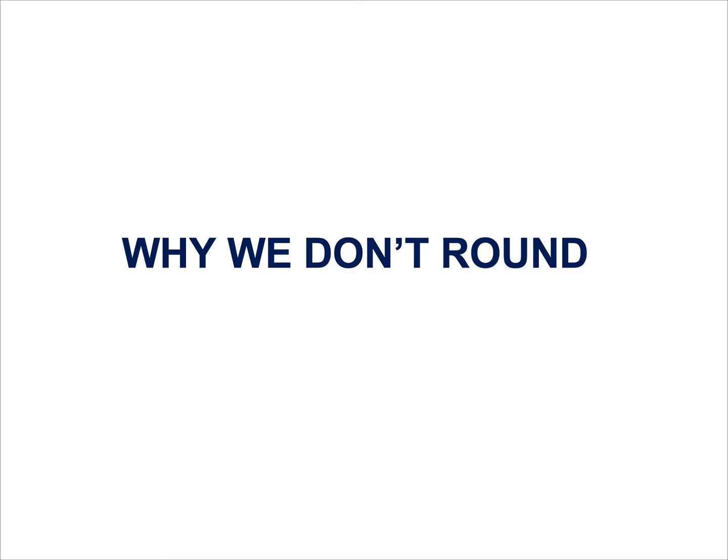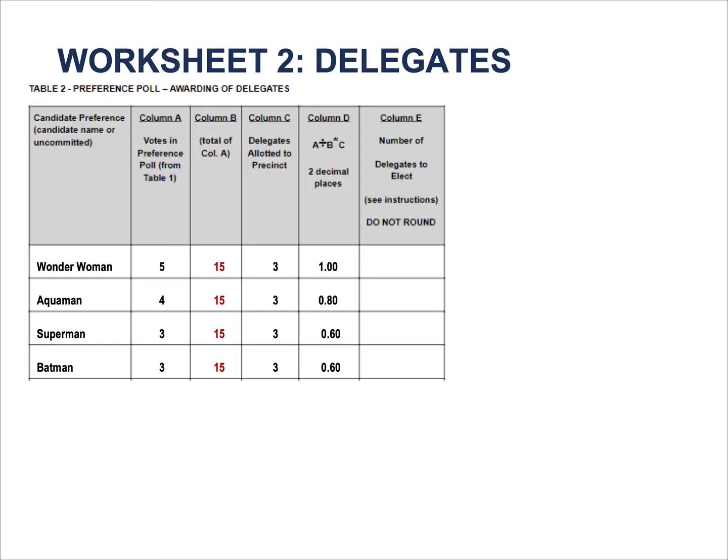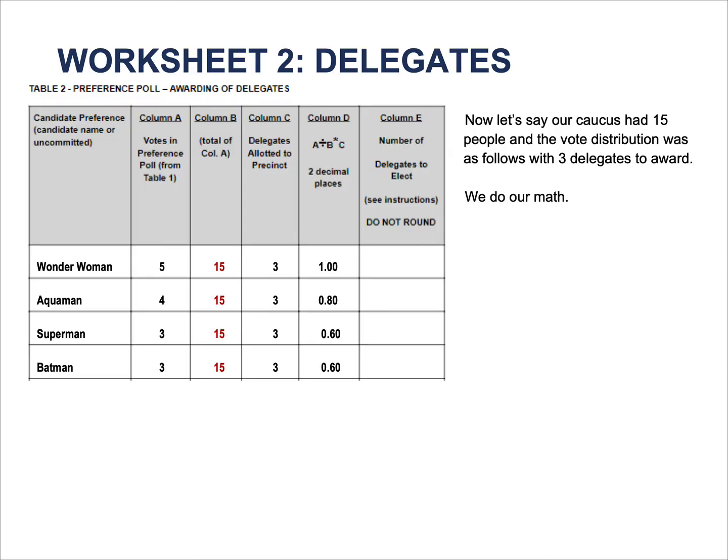Now let's look at an example that illustrates why we don't round. We have a caucus of 15 people with the vote distribution as follows: 5, 4, 3, 3. We do our math. If we rounded, each candidate would be in the running to receive 1 delegate, and we would go to a tiebreaker since we only have 3 to award.